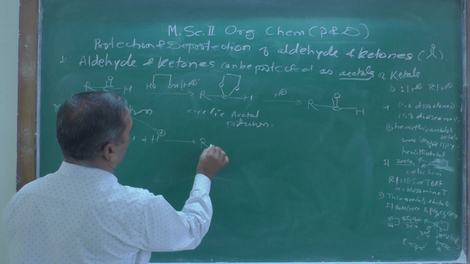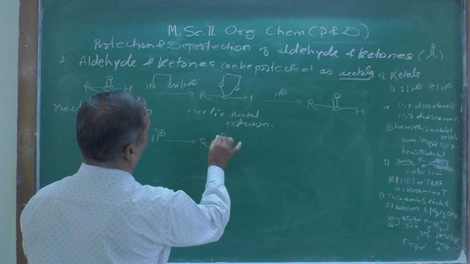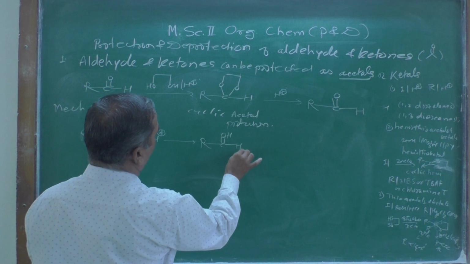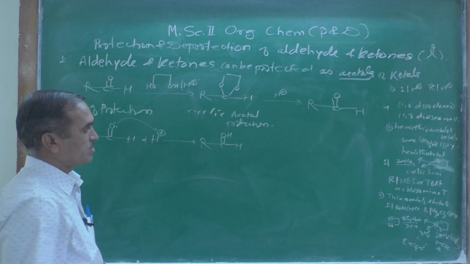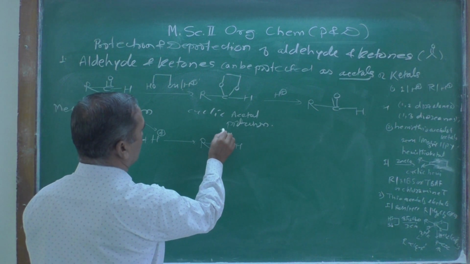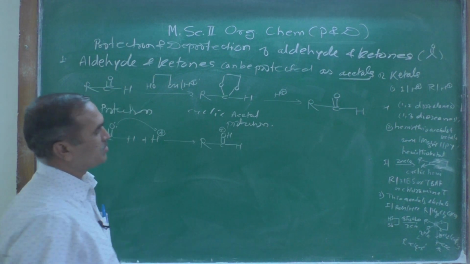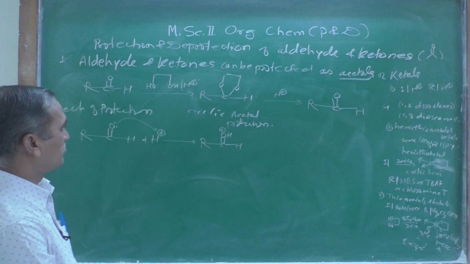We are going to get R, C double bond O, H and H. Look, the oxygen atom has 3 bonds, therefore I am putting a positive charge on the oxygen atom.